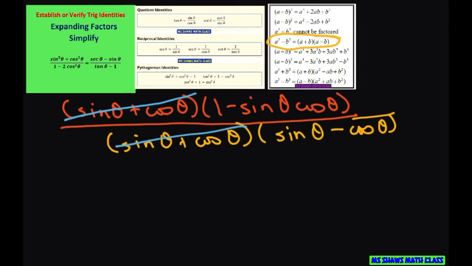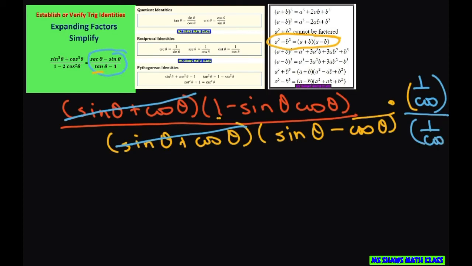All right. Now again, what we need is this here. So what I'm going to do is divide each of these pieces, because we have tan here. So what I'm going to do is multiply the numerator by 1 divided by cosine and the denominator by 1 divided by cosine.